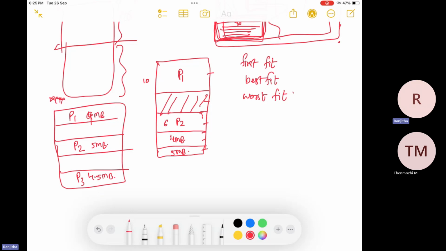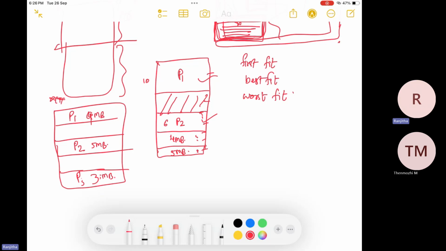P3 will come and see which are free: this is occupied, this is occupied, and these two are free. It will see which is the smallest hole that will fit in, whether 4 MB or 5 MB.